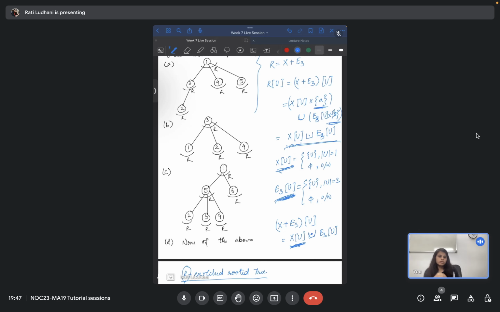But when it is not 1 or 3, then there is no x structure or e3 structure, so it is not going to be in the summand, because this is just the union. So the number of structures x plus e3 is going to have is just the sum.